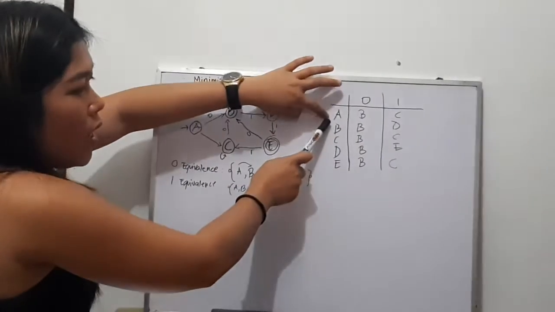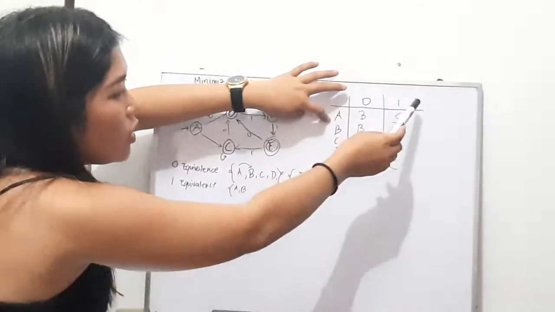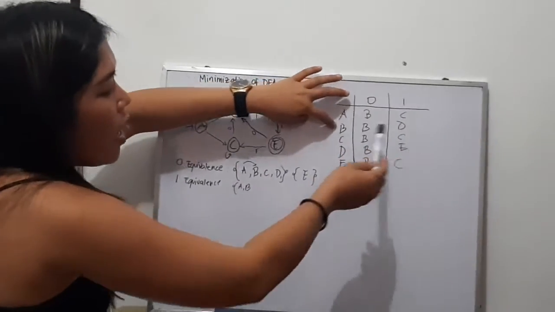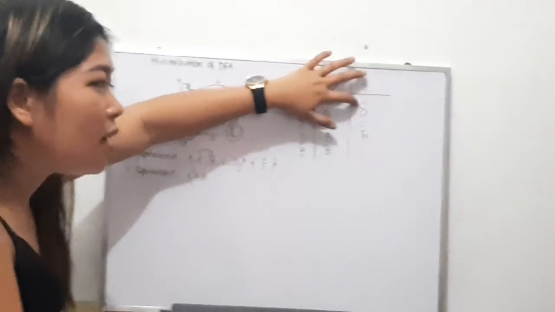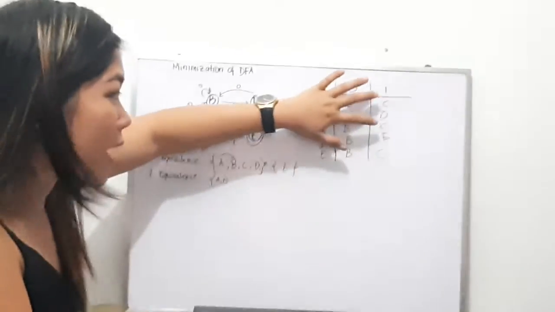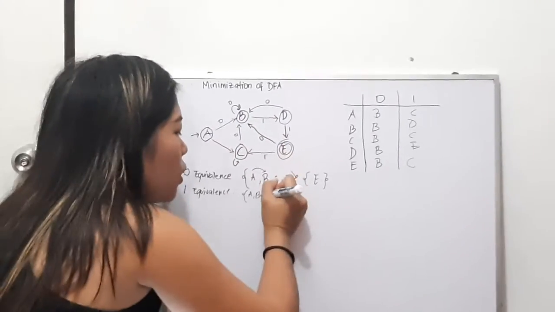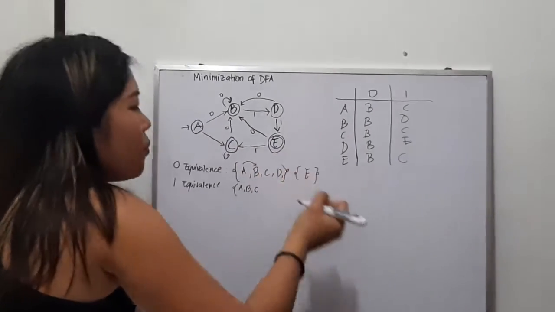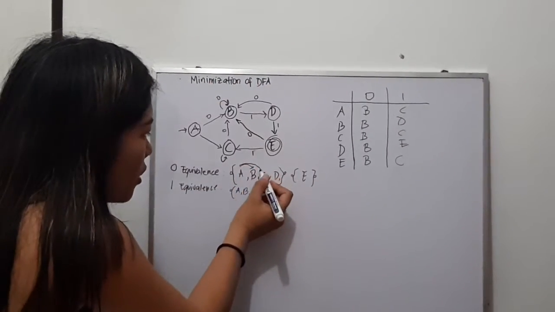A given input 1 goes to C, and C given input 1 goes to C. Because they are the same, we don't have to worry. C also falls into the same set. So we are done here.